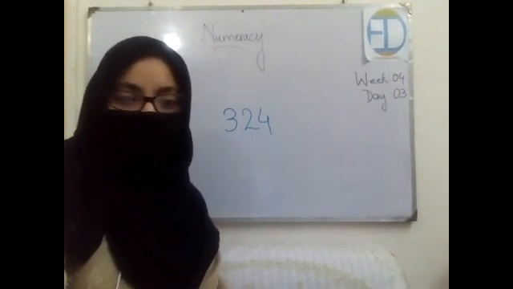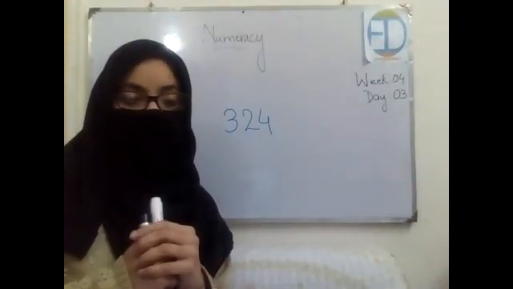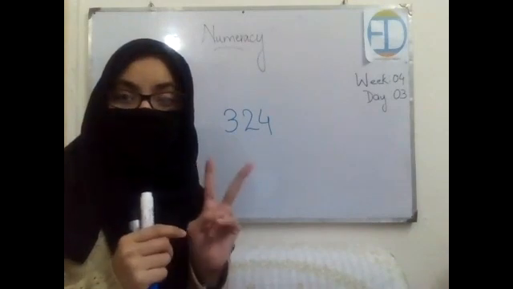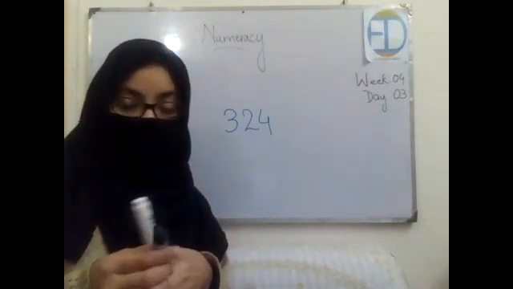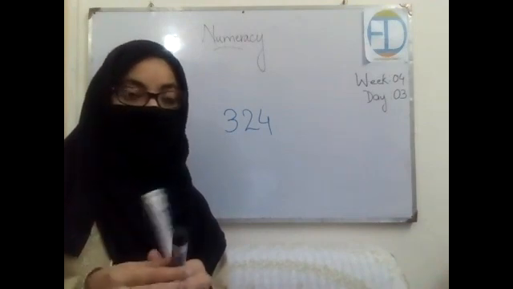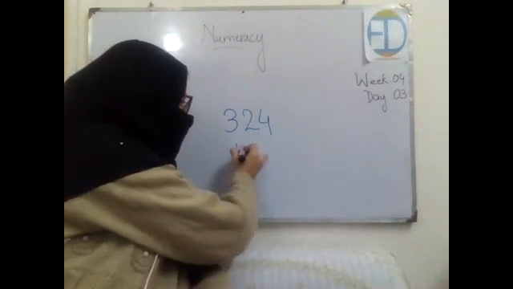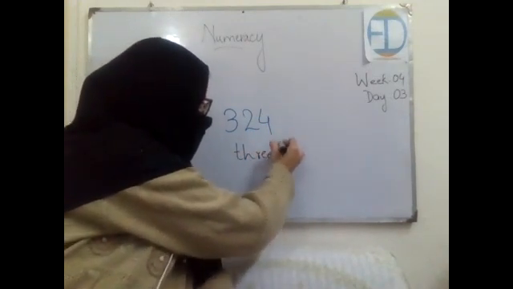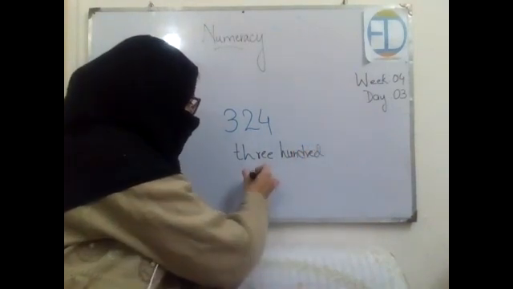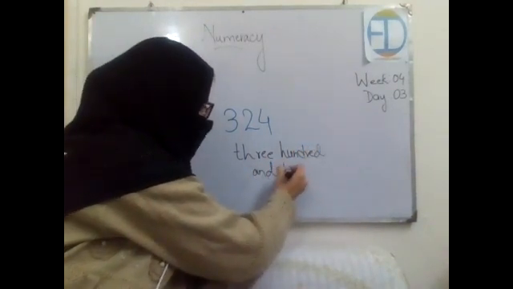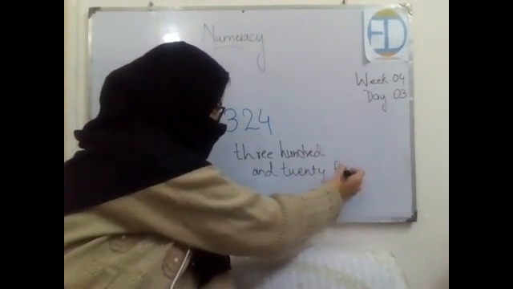So, open your books. As we discussed in yesterday's class as well, numbers can be written in two forms, right? The one is in the form of digits, which is written on the board, and the second is in the form of words. Let's say if I write this number in the form of words, it would be 324, right?